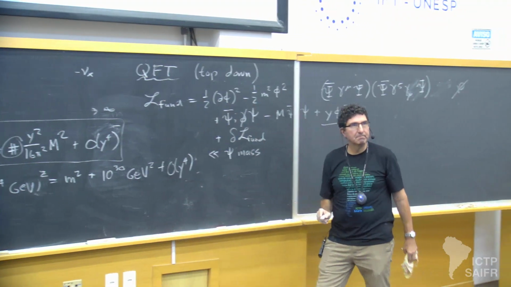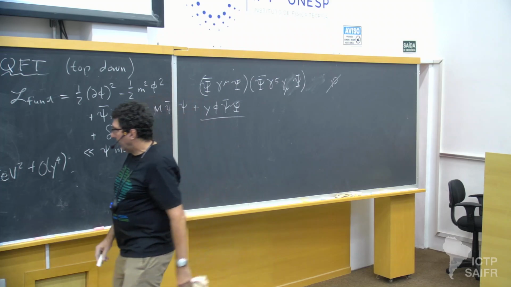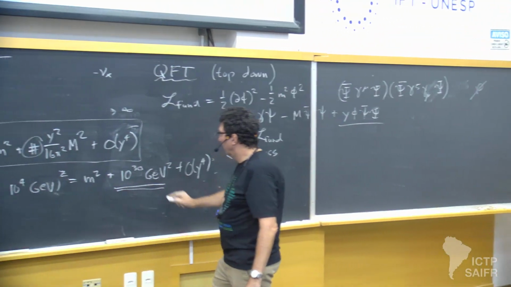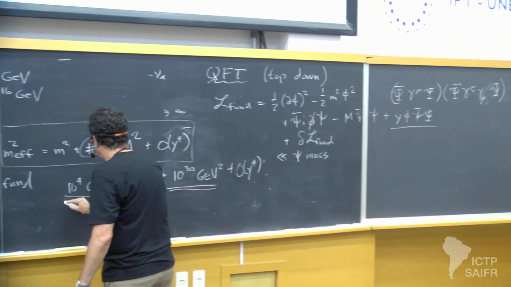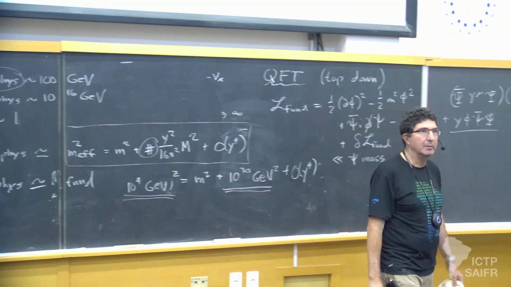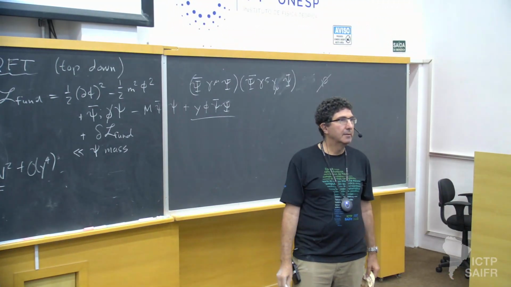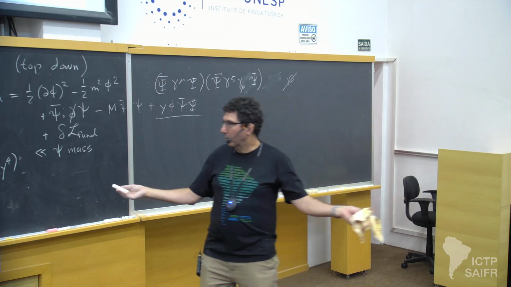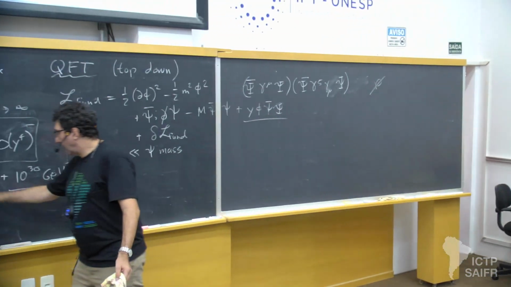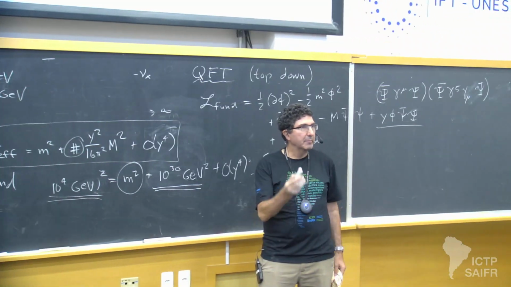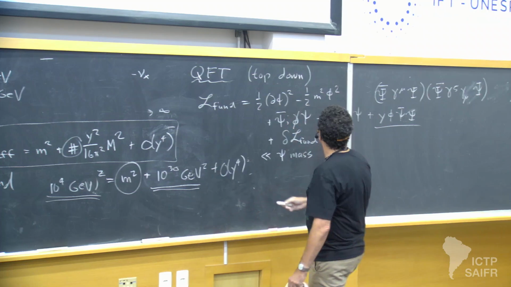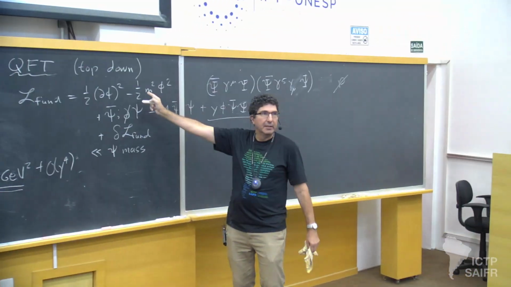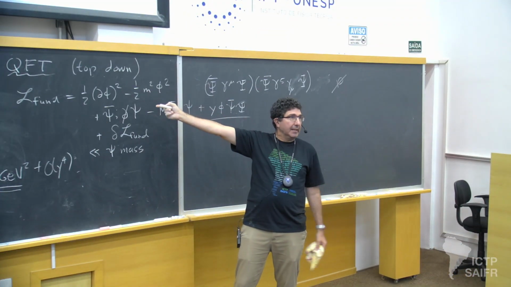Everybody see what I'm doing? The issue is that this number is 26 orders of magnitude bigger than this number. But there's no problem, right? There's no problem because I have this parameter. This is the fundamental mass parameter in the Lagrangian that I started with, and that could be anything.